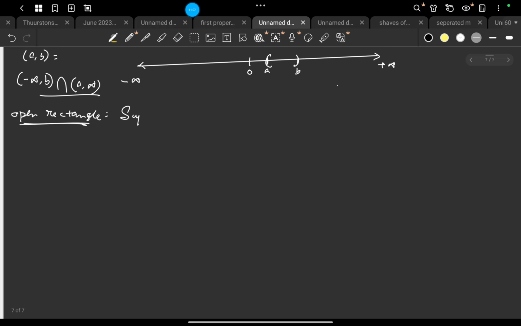Let us suppose (a, b) and (c, d) are open intervals in R, meaning these are the basic open sets.